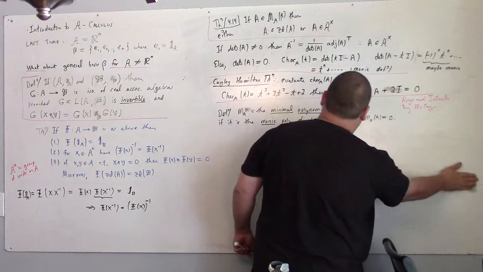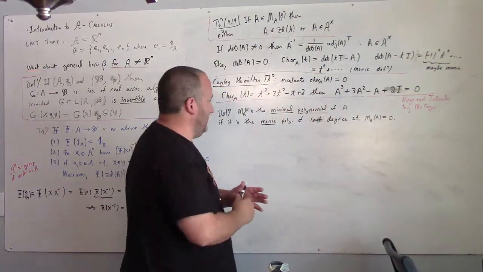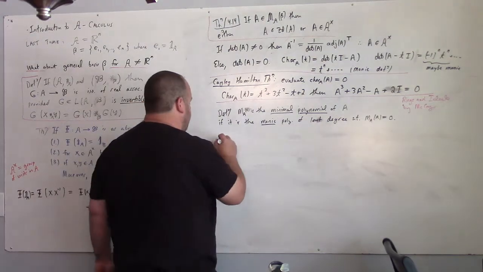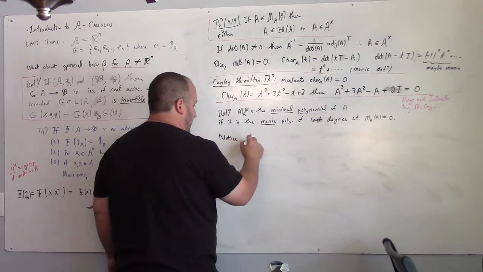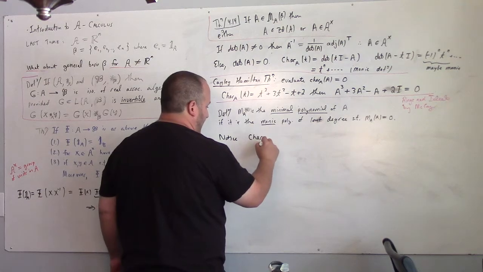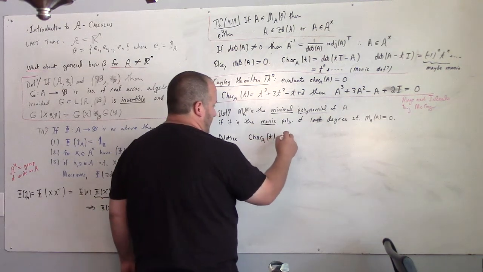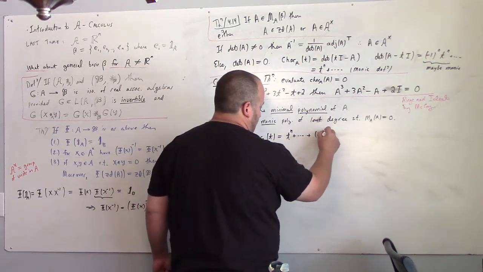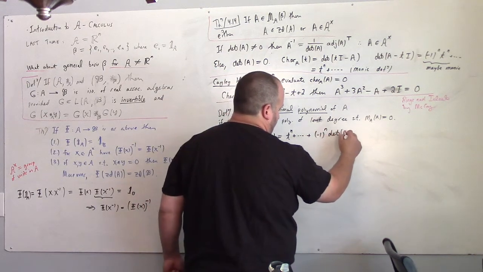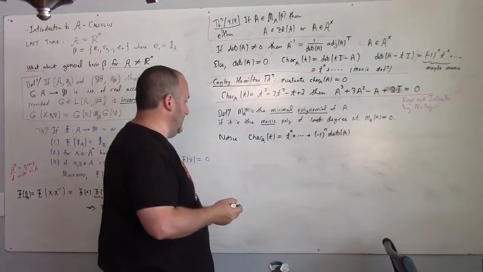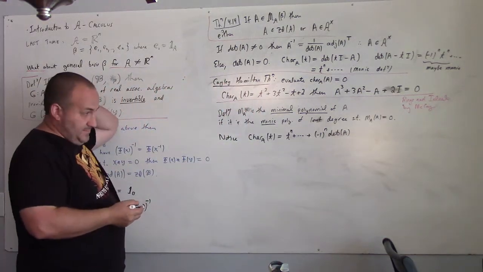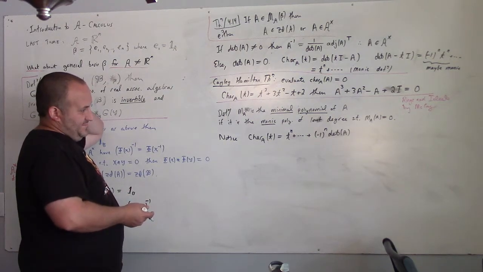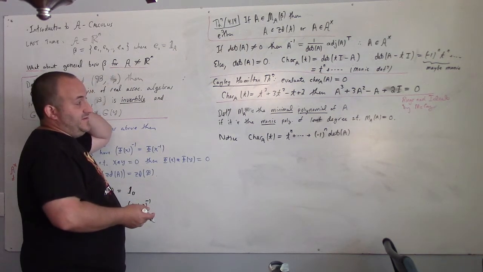So in our current case, let me bring us back to here. Determinant 0, right? Notice that the characteristic polynomial of A is t to the n plus so on, plus, it turns out, minus 1 to the n times the determinant of A, in our current definition.